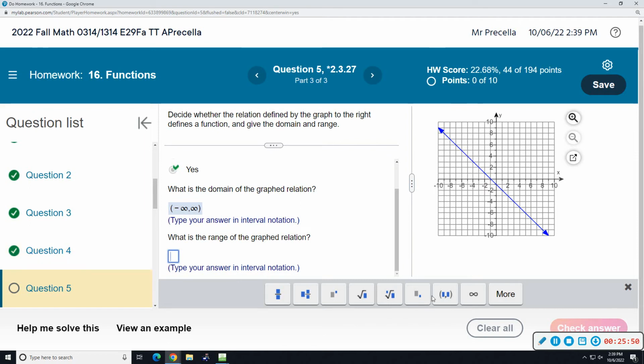Okay, so let me see. I guess I'll try it like that. Negative infinity. I'd rather just hit little buttons than have to click in this button or that box.